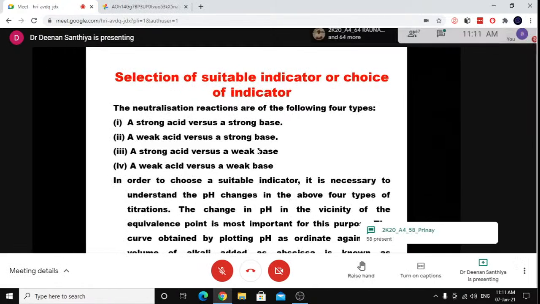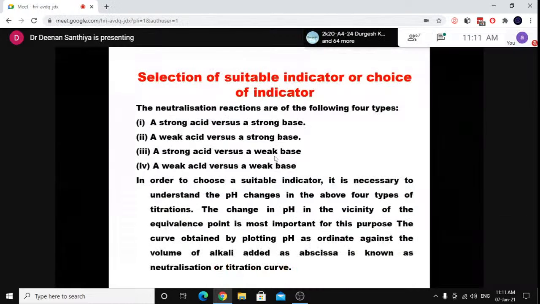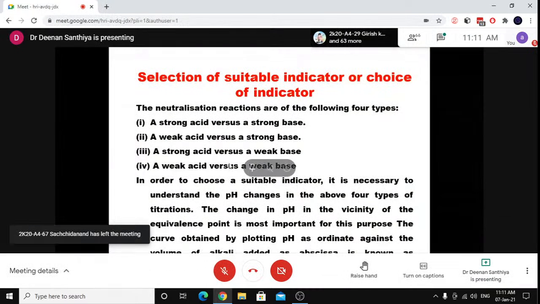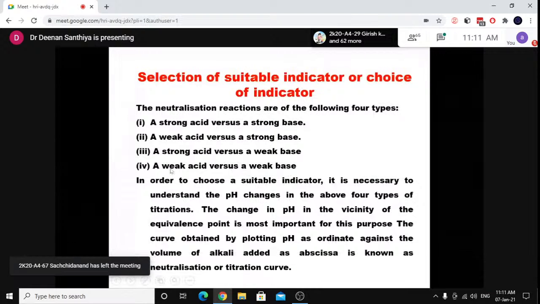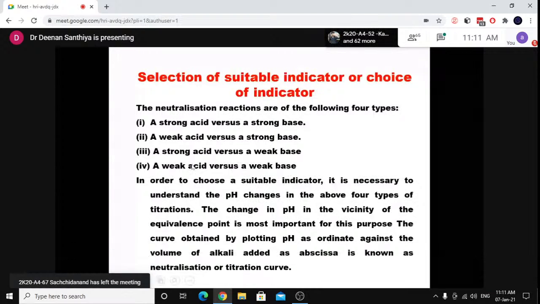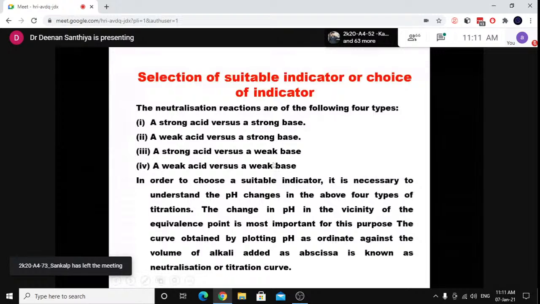The strong base is sodium hydroxide. Then the strong acid, hydrochloric acid, versus a weak base, which is ammonium hydroxide. Ammonium hydroxide is a weak base. Then the weak acid versus weak base: the weak acid is acetic acid, and the weak base is ammonium hydroxide. These are all the 4 types of titrations we are going to see.